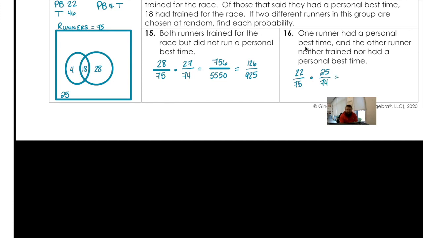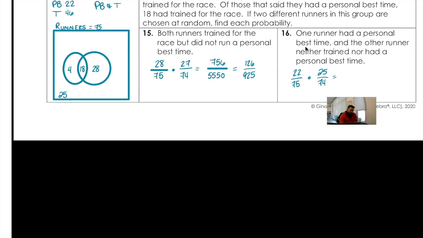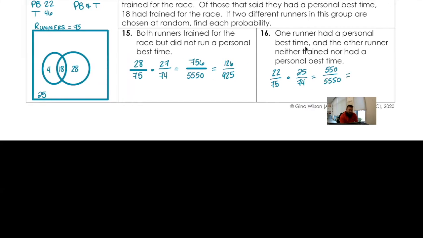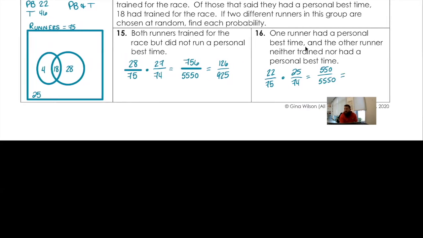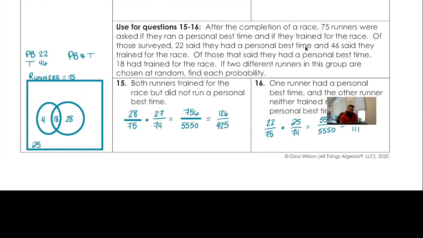So that's going to change the number from 75 to 74. 22 times 25 is 550. 75 times 74 is 5550. That's a lot of fives and zeros. I think it's like 111011. Sorry, I just insulted you in code. Okay, math frac it: 11 out of 111.